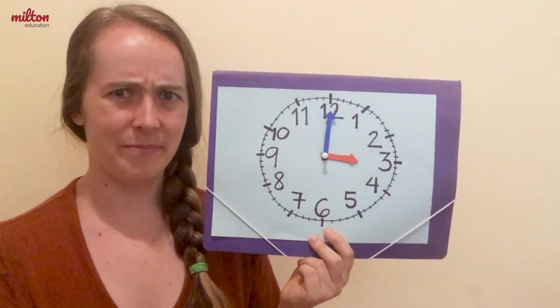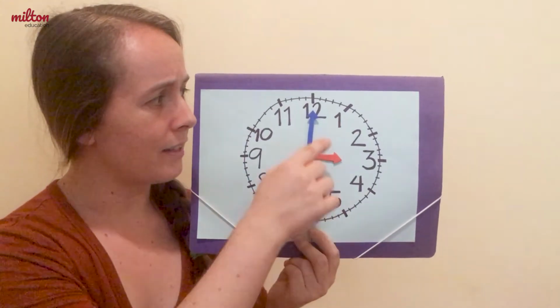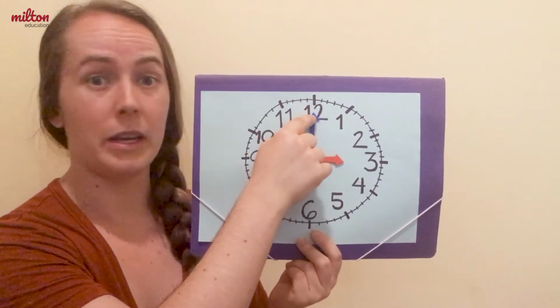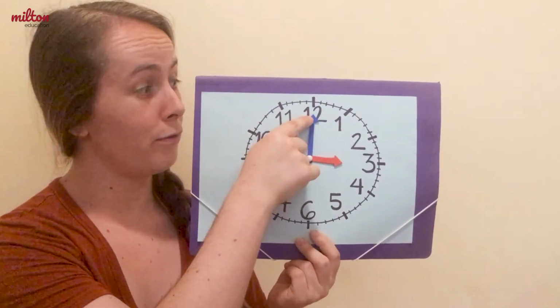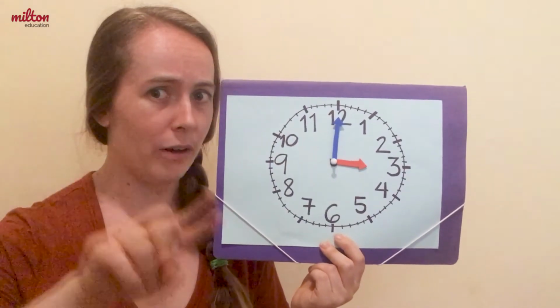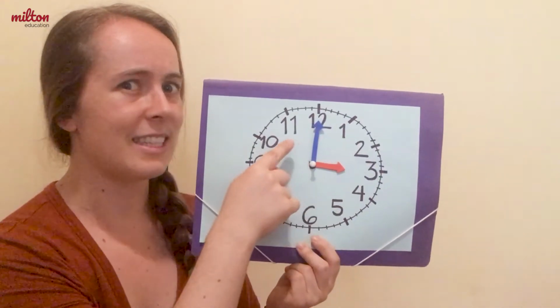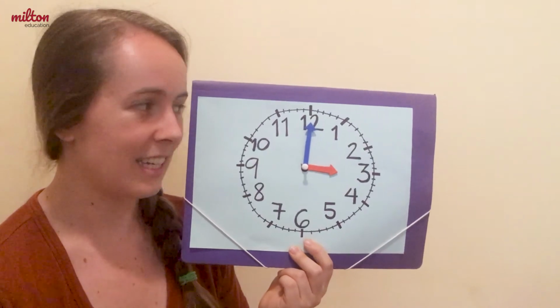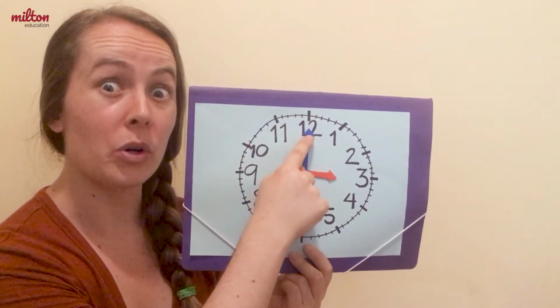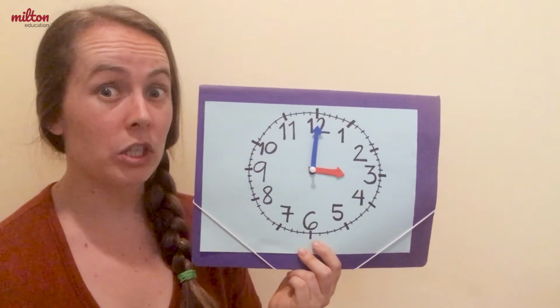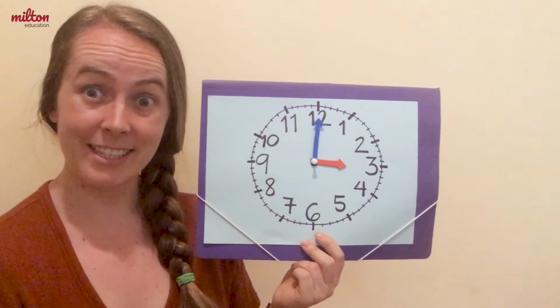What does that mean? Well, that means that when the minute hand points to a number, like 12, we don't say 12. No, no, no. We say its secret identity. O'clock. So, what time is it?